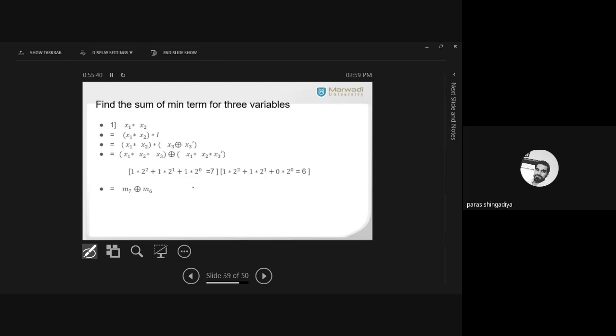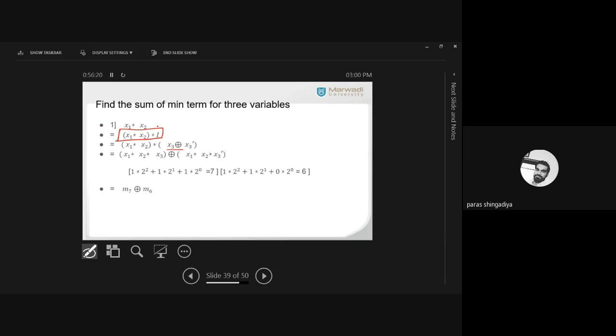Good. Chalo. So next is for 3 variable theory, same procedure but will now work for 3 variable x, y and z. ठीक है, so here in this first example 2 variable are already given, third variable is not given, so we'll create a third variable by using same procedure. ठीक है, so x1 star x2 as it is here. नेक्स्ट स्टेप में आपको क्या करना है कि उसको उस ब्रैकेट को i से मल्टीप्लाई करना है. ठीक है, now in place of i create a third variable formula, means put third variable formula. ठीक है, x3 ring sum x3 dash.